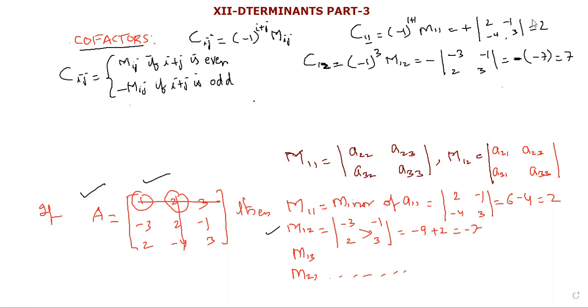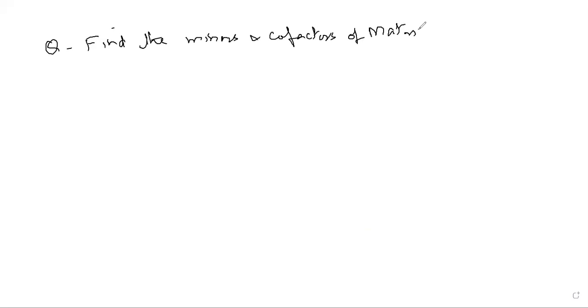Suppose the question is: find all the minors and cofactors of matrix A equals 1 3 minus 2, 4 minus 5 6, and 3 5 2.